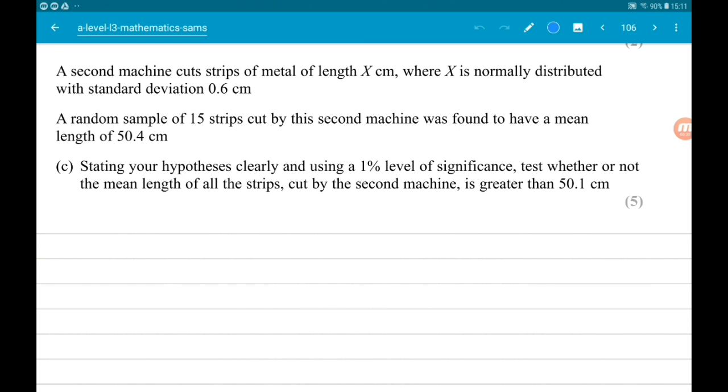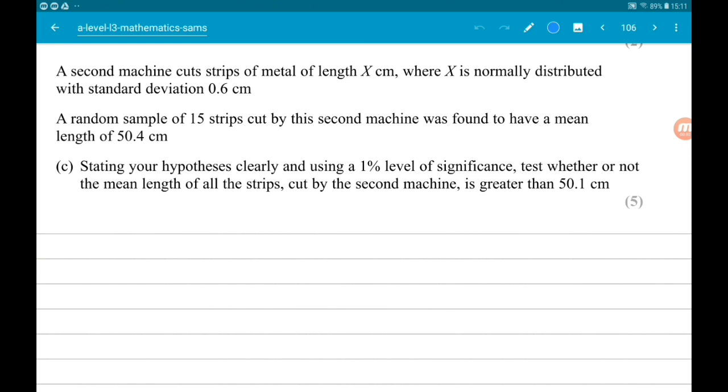Stating your hypotheses clearly and using a 1% level of significance, test whether or not the mean length of all strips cut by the second machine is greater than 50.1 centimeters.